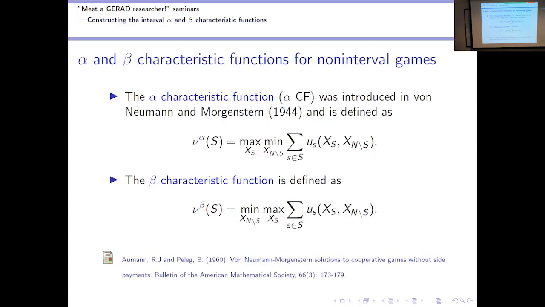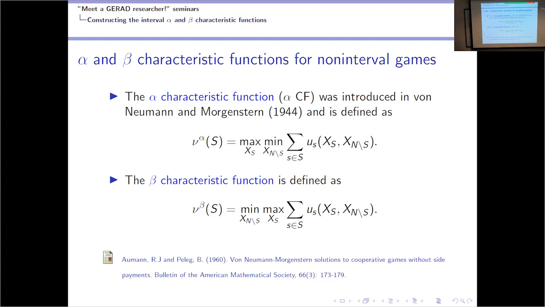And now we are on the crucial part of our work, actually. But let me remind you of the alpha and beta characteristic functions for non-interval games, as you know. So this is the definition of the alpha characteristic function. V alpha of S represents the maximum payoff that coalition S can guarantee for itself, whatever independent strategies are used by the left-out players.